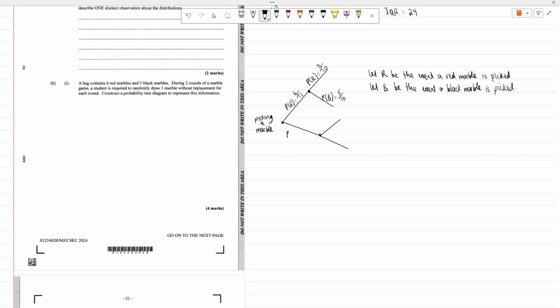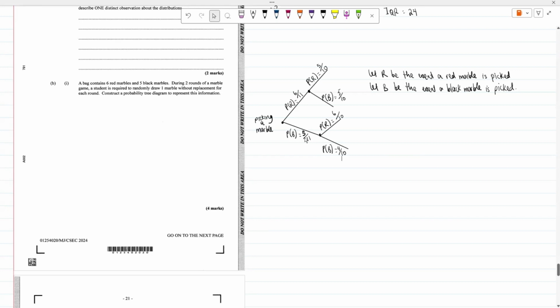The probability that I pick a black on the first try is going to be 5 out of 11. Then the probability that I pick a red, I have 6 red, but I have 10 in the bag. And the probability that I pick a black, I now have 4 black with 10 in the bag. Do all understand the probability tree?